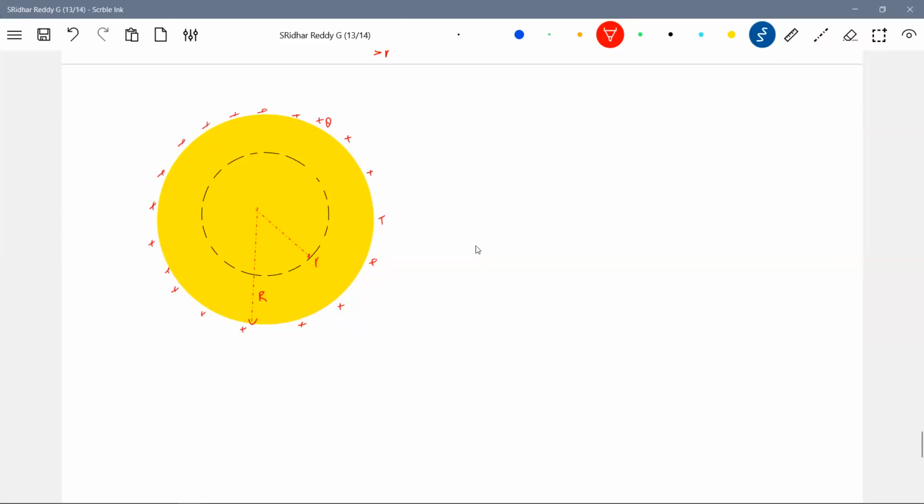The point P2 is here, or point P3. The dotted circle is the Gaussian surface, and this is a charged conducting sphere. So what is the field strength at point P3? What is the net charge enclosed by the Gaussian surface? 0. So therefore the field is 0.